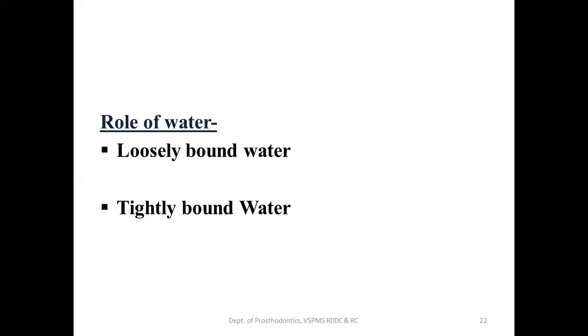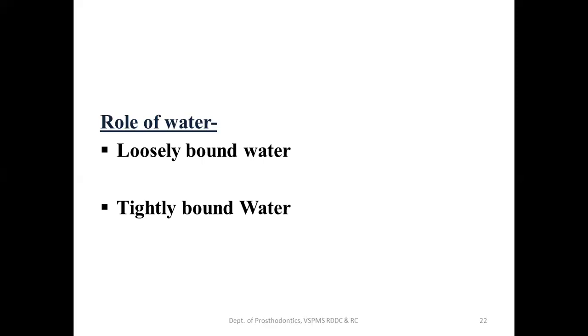So that is loosely bound water. But as time goes on and when my rice is totally cooked, the same water has hydrated all the rice particles and they become swollen, and at that time I cannot separate the water and the rice particles. So that is tightly bound water, means it has hydrated all these rice particles.